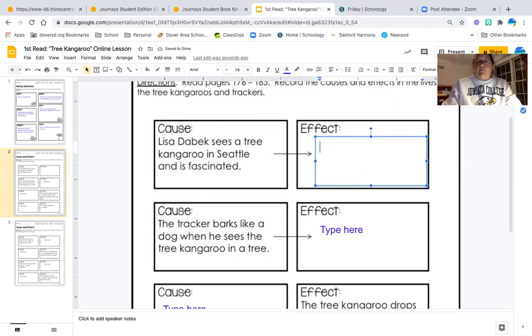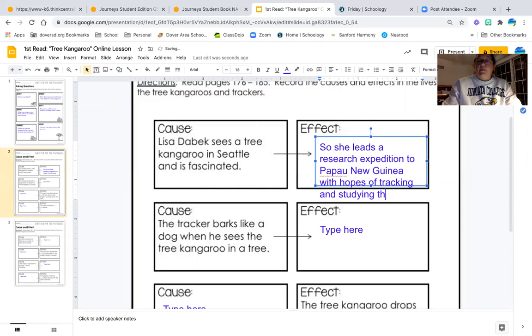And the second part to that would be, so she leads a research expedition to Papua New Guinea, and I always have to look at how to spell that, with hopes of tracking and studying them. And see over here it says the tree kangaroo, so I can just say them. I can use a pronoun. You'll know what I'm talking about.